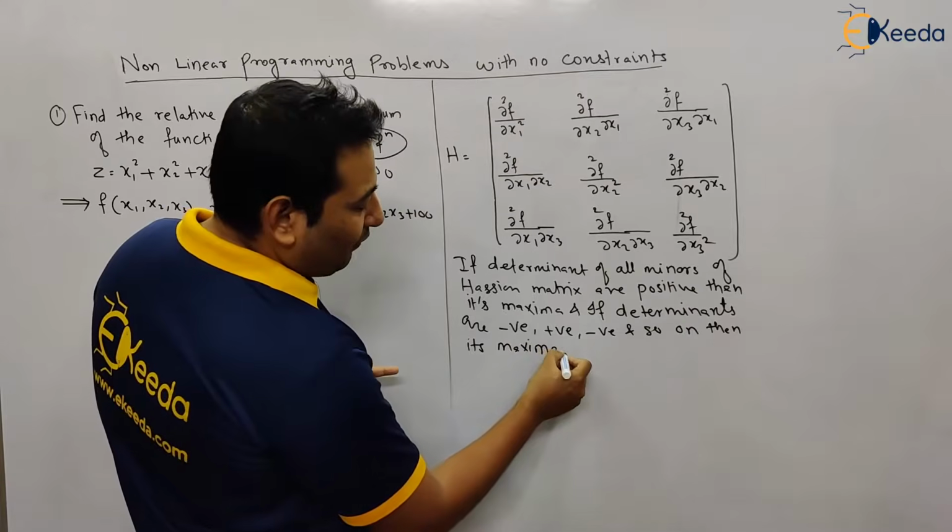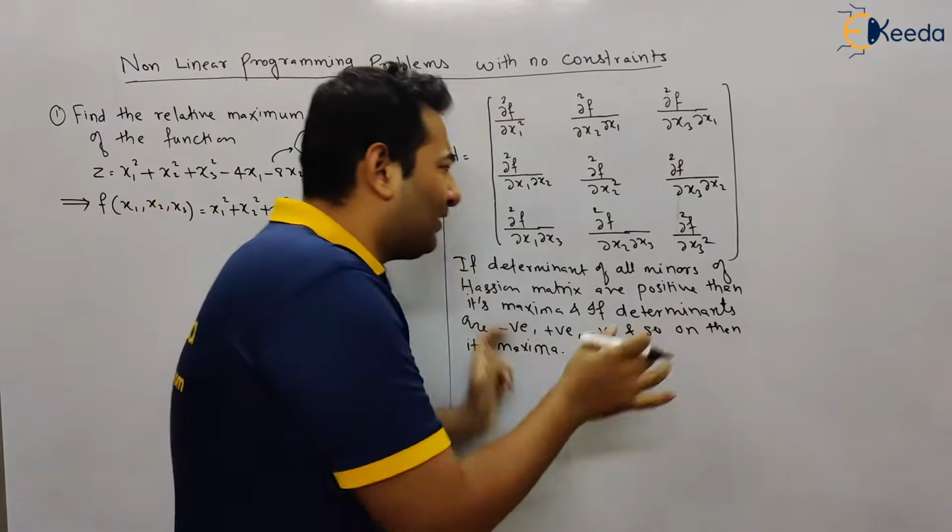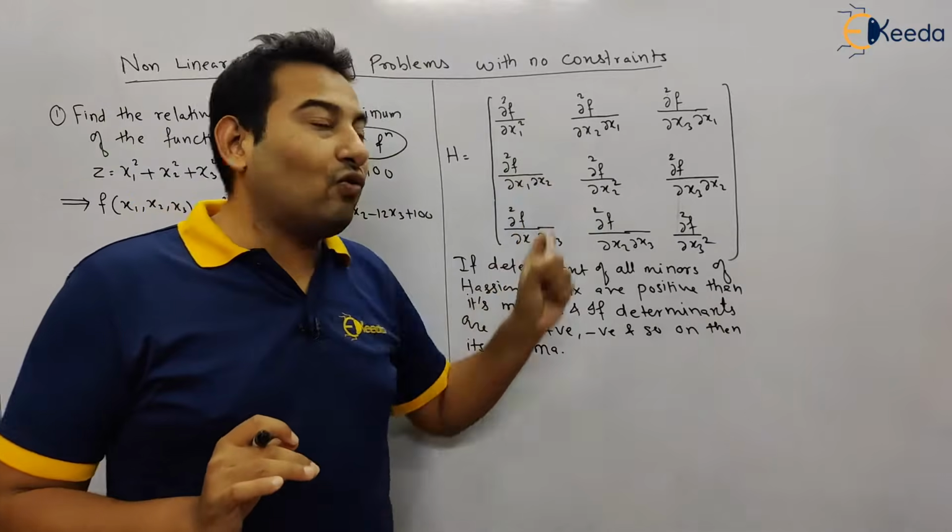What these things are, we're going to discuss later on. As of now, just remember this Hessian matrix. I hope this is clear how to form the Hessian matrix.